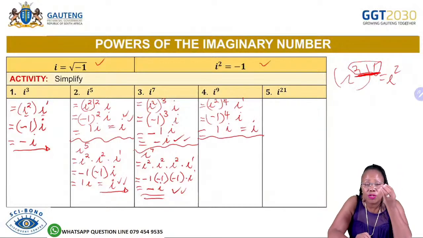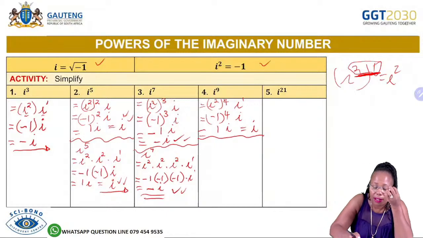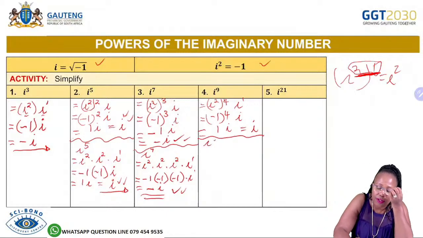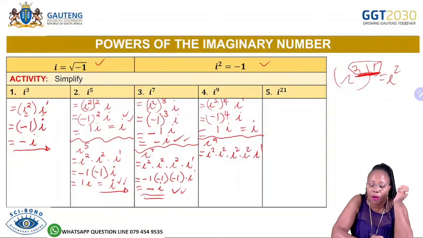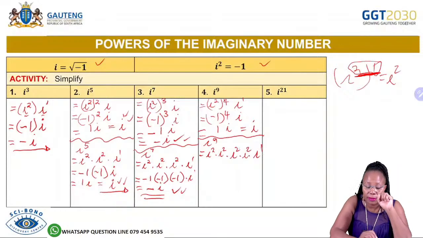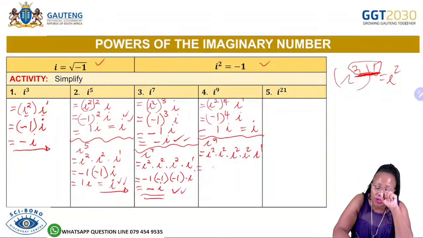Alternatively, method number 2, because 9 is a smaller number, we can write this i to the power 9 as i squared. Another i squared is the second one, 4. And then i squared, we have 6. i squared, we have 8. And then i to the power 1 in order to have 9. Okay. And then now substitute the negative ones.